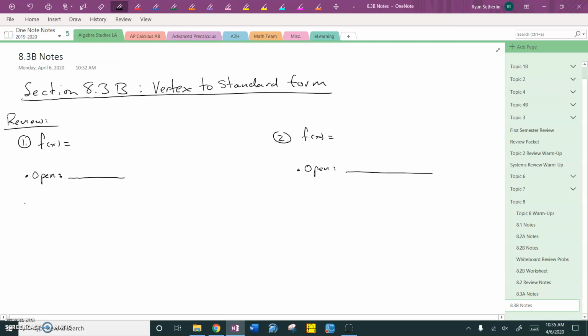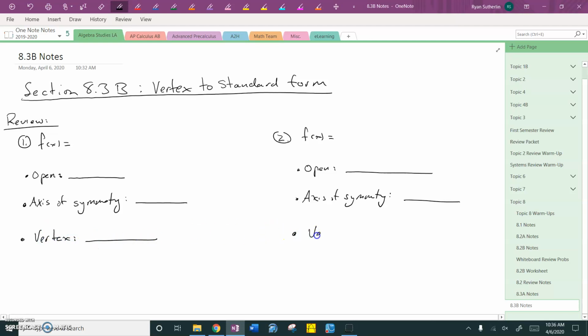I would like to know what is the axis of symmetry, and then the axis of symmetry for this one. And then I have the vertex for each one. Some of these take a little more work for one part than the other, so I'm going to space these out. You can space them out however you need to as you're doing these problems.